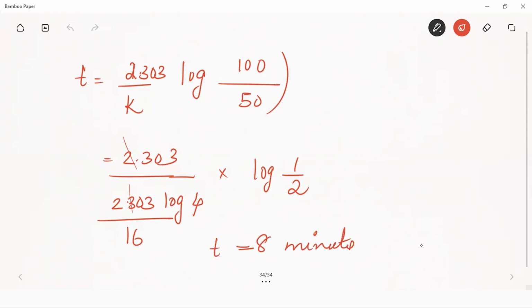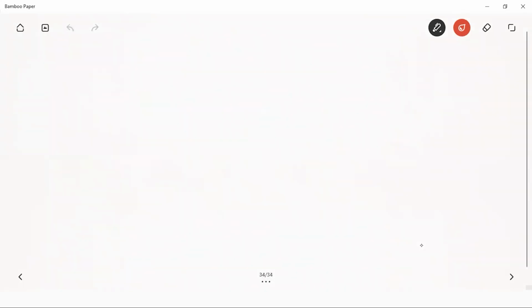Then I will help you with one clue for this. If it is a first order reaction, I will give you some equations. You can directly apply that equation and you will get the T. If it is T 75, you can find 75 percentage complete. So it is 2 T half.